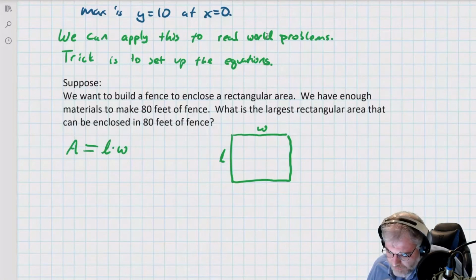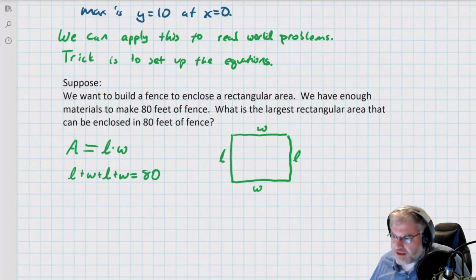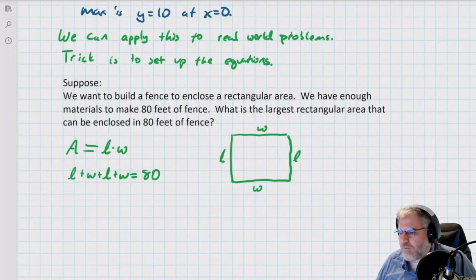I know that I've got 80 feet of fence, so this is going to be L, this is going to be W, and I know that L plus W plus L plus W equals 80. So how do we feel about that? 1 to 5.